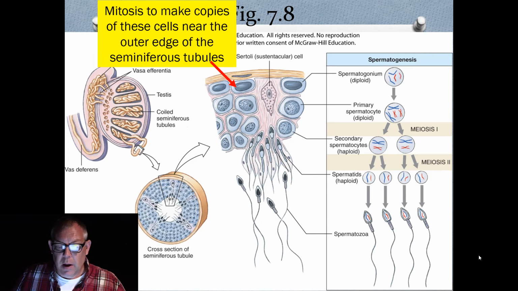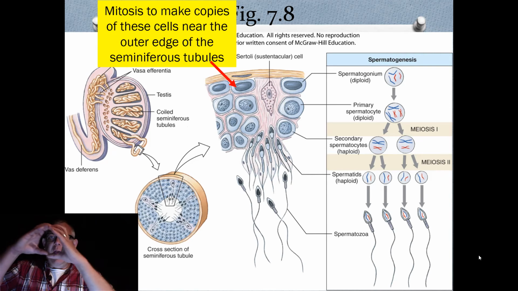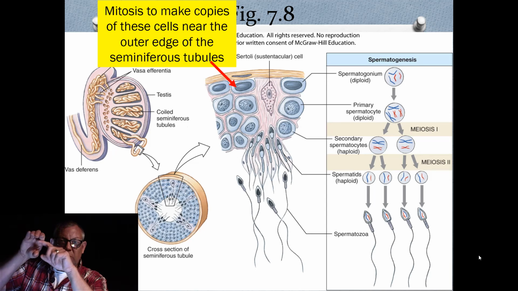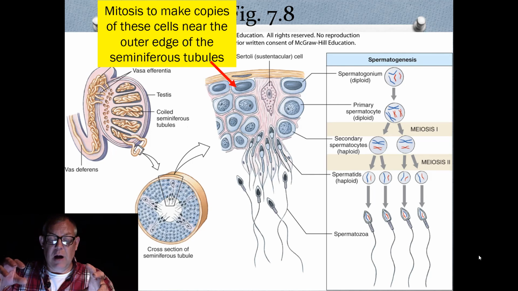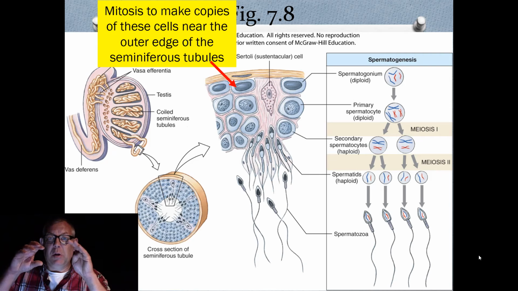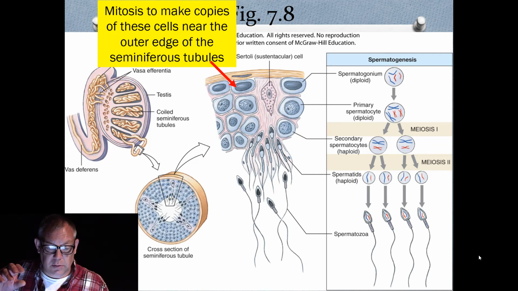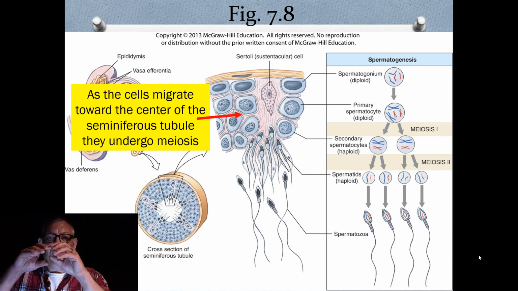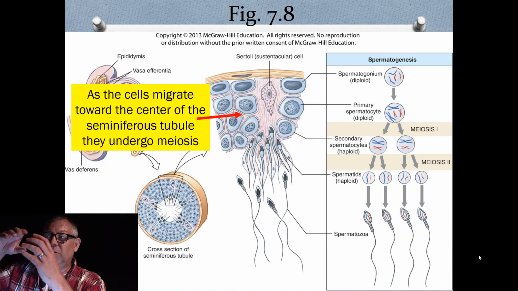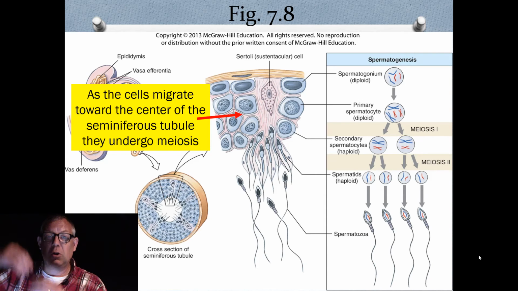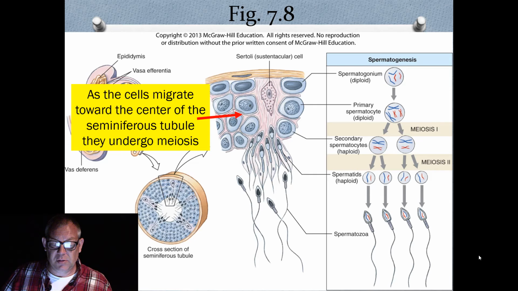At the outer edge of that tubule, you have cells, and they're undergoing mitosis, right? They need to keep making new copies of those original cells. But every once in a while, one of those cells will start to undergo meiosis, as they migrate toward the center of the tube. They start out at the edge, and as they move toward the center, that kicks off meiosis.